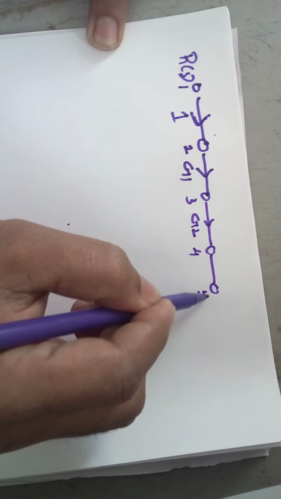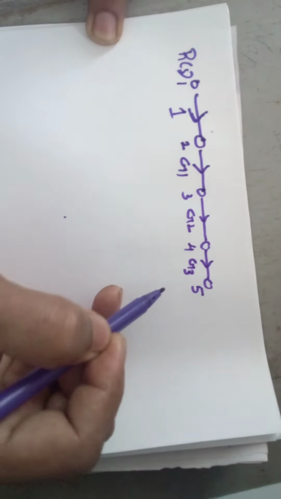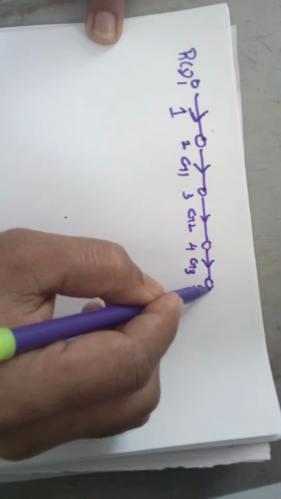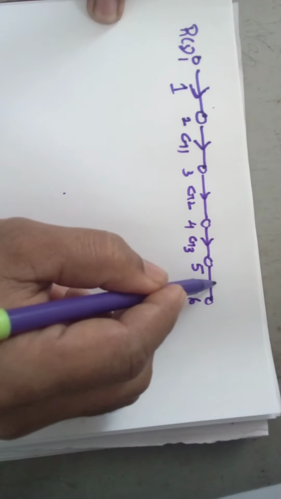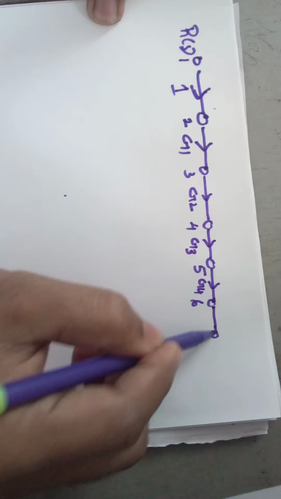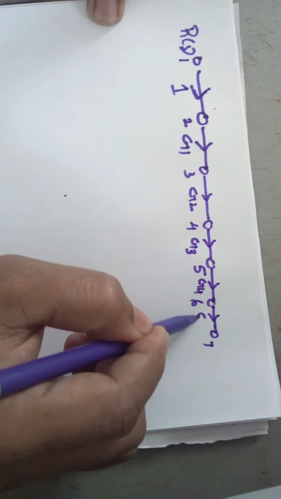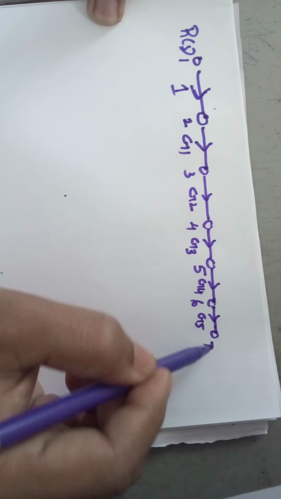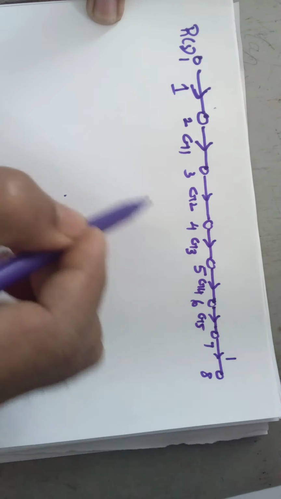Node 5 with gain G3. Node 6 with gain G4. Node 7 with gain G5. And the final node 8, where the gain is equal to 1.